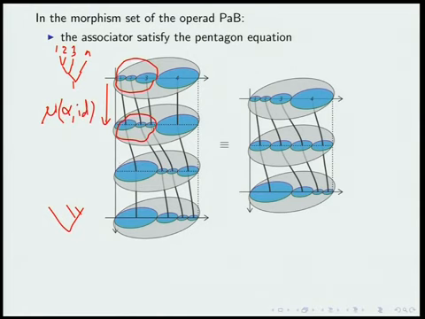So here it's alpha of the identity, mu, and the identity, and so on. So you have a threefold categorical composite of morphisms which are made of operadic composites of identities, so the identity of the object mu, and of the associativity isomorphism.